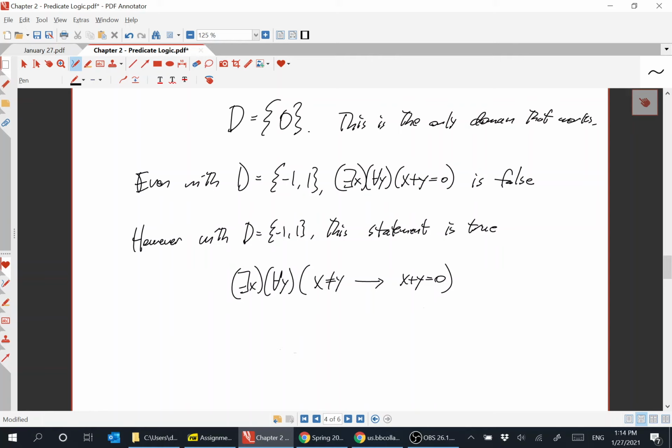Yeah, definitely. You could choose x equal to 1 or -1, and it still works. Because if x was equal to 1, then y is equal to 1 or -1. If y is equal to 1, the hypothesis is false, so the implication is true. If y is equal to -1, the hypothesis is true and the conclusion is true, so the implication is true.